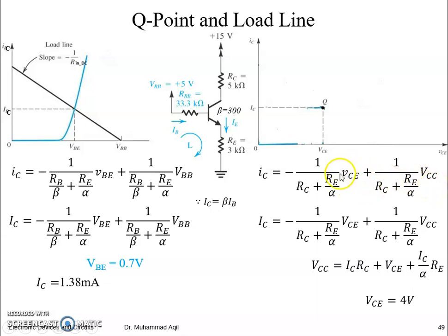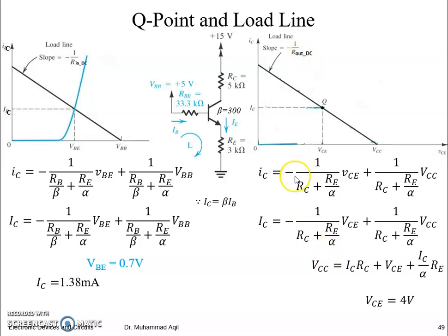And if we put VCE equal to 0, the y-intercept will be obtained as 1 by (RC plus RE by alpha) into VCC, like this one. And we named the slope 1 by R out DC.